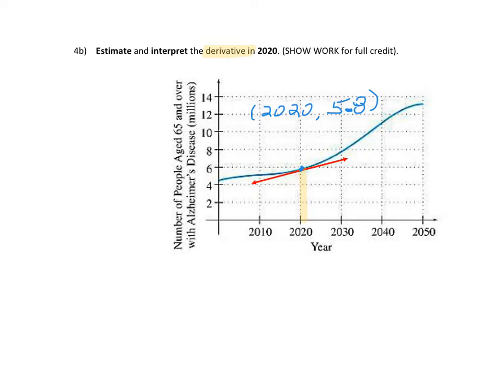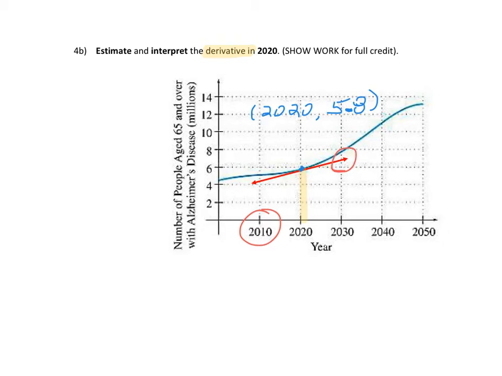And then in order to complete what we're asked to complete, we also need a point on the red tangent line to calculate the slope. And the easiest points to pick would be either here at 2010, because we have a grid line, or here at 2030, because again we have a grid line.